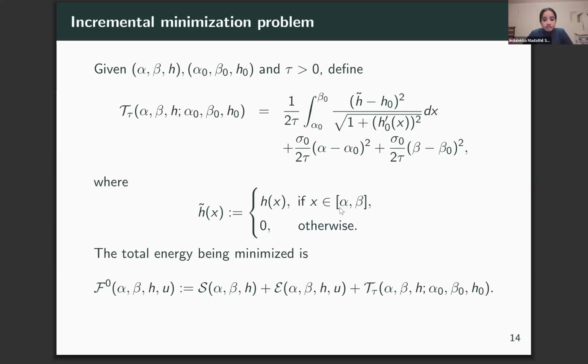So given alpha naught, beta naught, h naught, we find the minimizers alpha, beta, h after time tau. Once we have alpha, beta, h, depending on them, we can define, say, f1 of alpha, beta, h, and u and find the minimizer at a later stage. So this is the process that I was talking about in the previous slide. And what we do is that after figuring out approximate minimizers and interpolating them, we take tau to 0 and find the convergence.